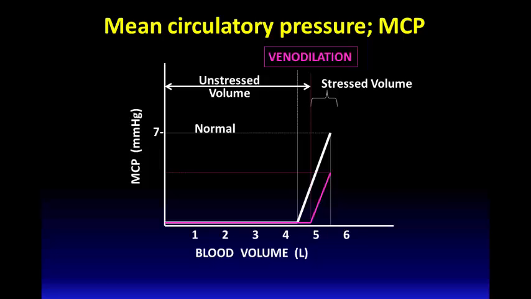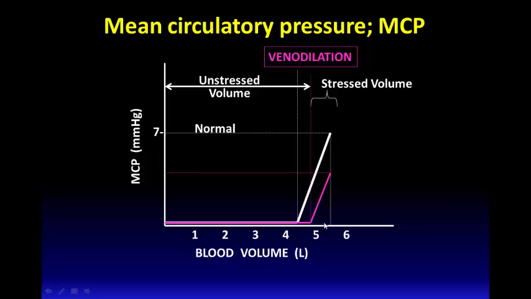When the venous capacity increases, the unstressed volume increases. So now, when there is venodilatation, the unstressed volume increases and reaches a volume of approximately 5 liters of the total blood volume.